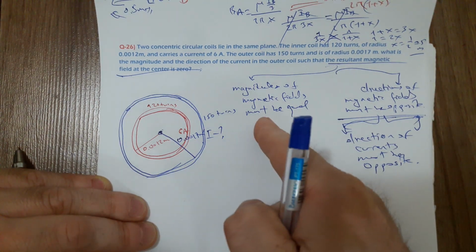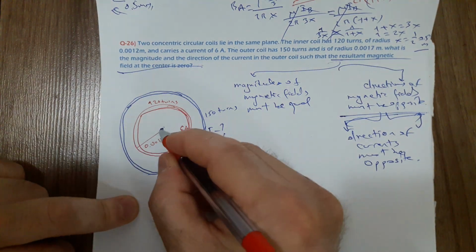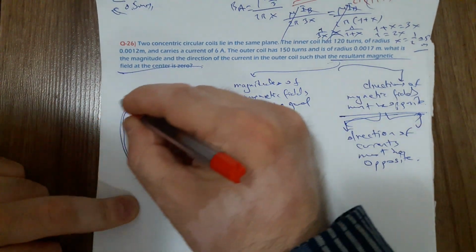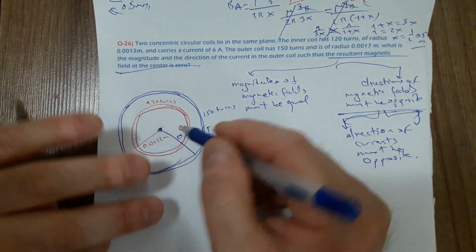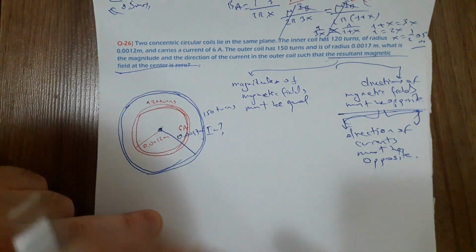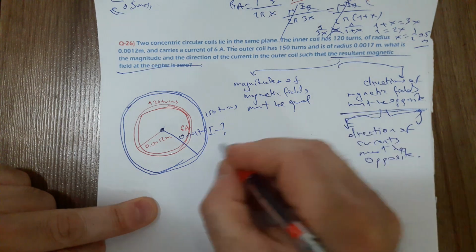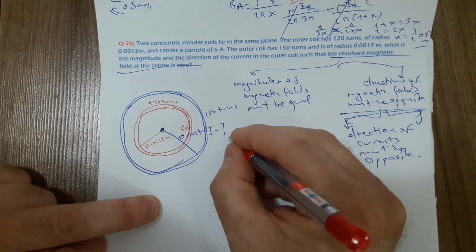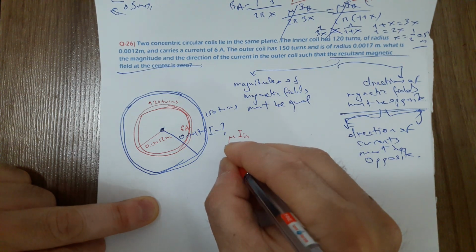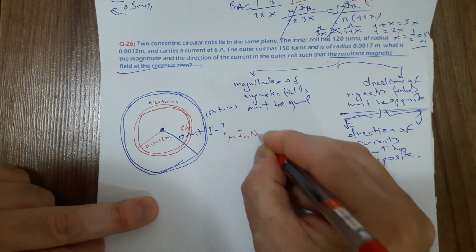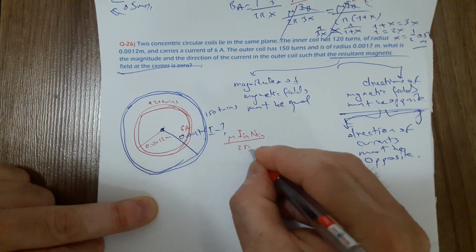Second condition: the magnitude of the magnetic field must be equal. So the red coil produces a magnetic field here, and the blue coil also produces a magnetic field here. These two must be opposite in direction and equal in magnitude. So let's make them equal in magnitude. Remember the equation for the magnetic field of the coil: mu I_inner multiplied by n_inner, the number of turns of the inner coil, divided by 2 r_inner.